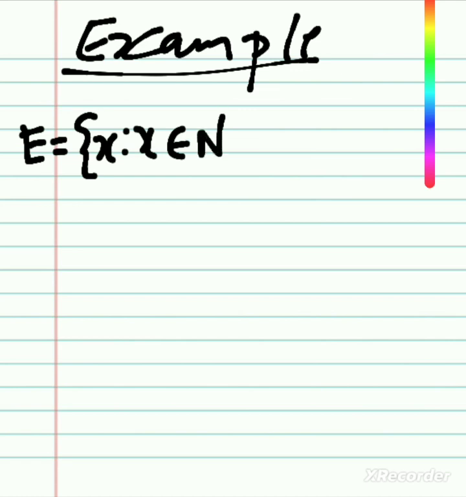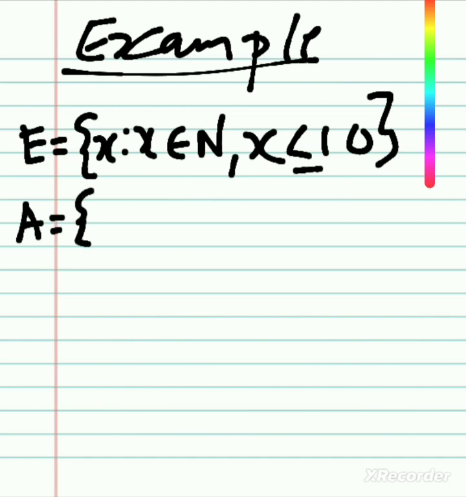Okay, another notation. Let me give another example. So the example has set E, which is x is such that x is a natural number. I'll use N to represent natural number, and x is less than or equal to 10. Then there's set A, which is x is such that x is an odd number.